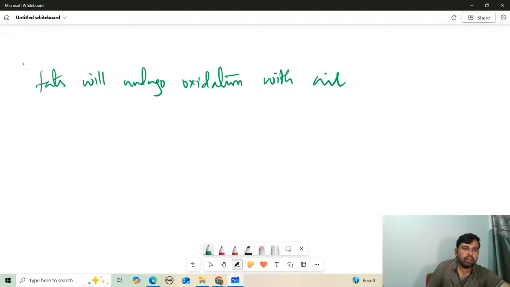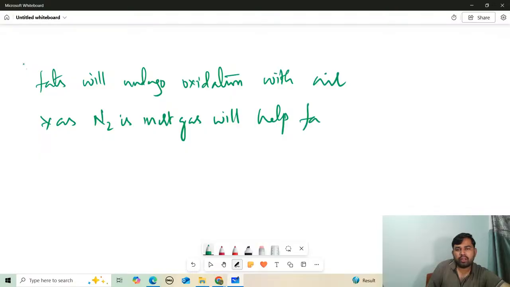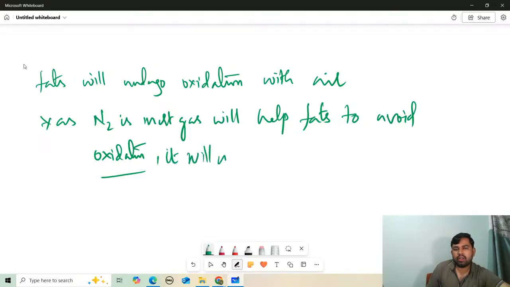But as N2 is an inert gas, it will help us to avoid oxidation. It will not react with the food, or we can say fat.